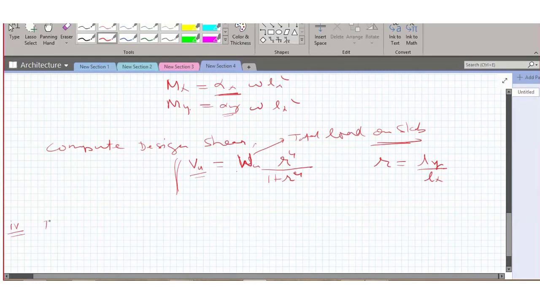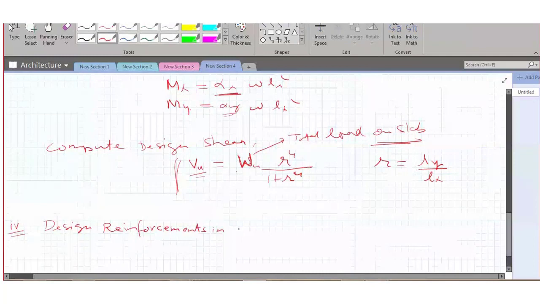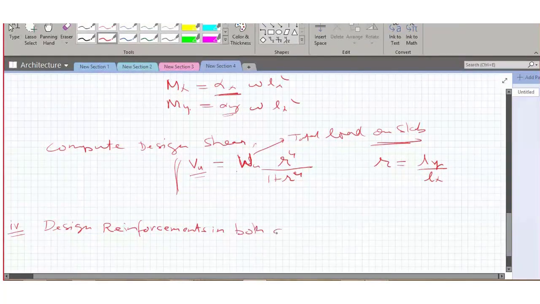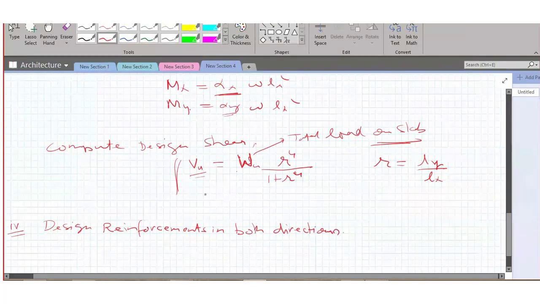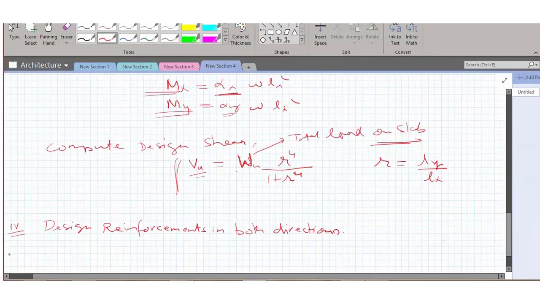So I'll write design reinforcement in both directions, based upon the moments Mx and My you computed.